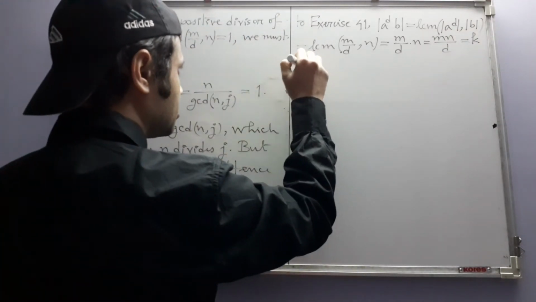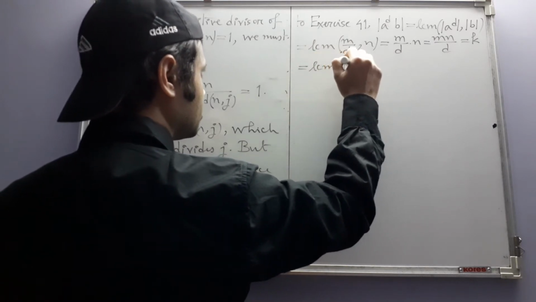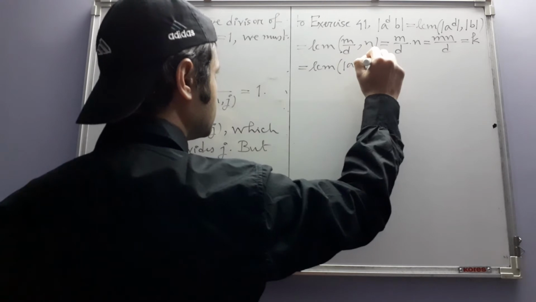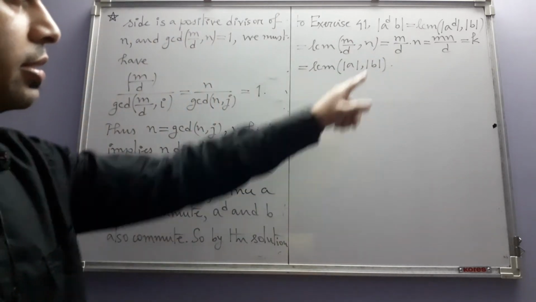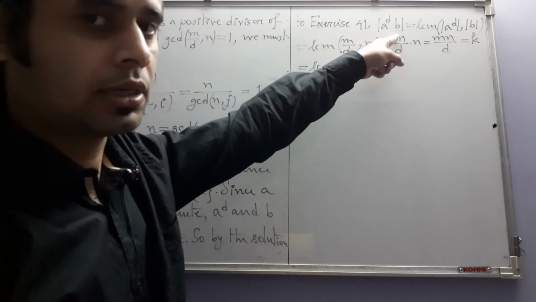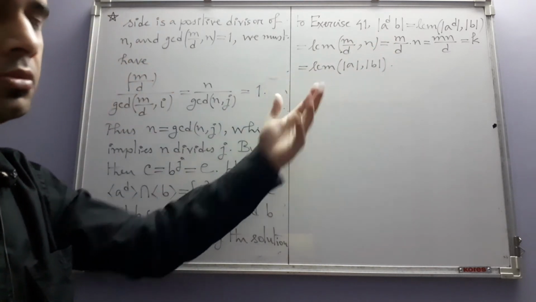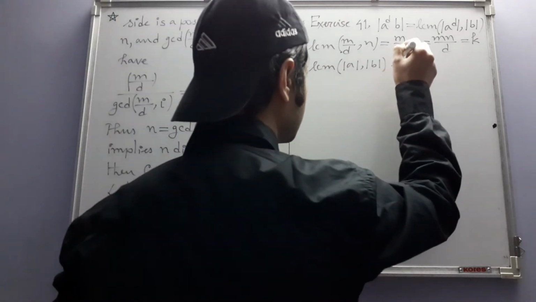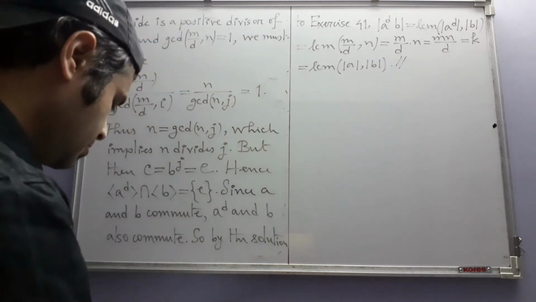And recall what k is. k is the LCM of m and n. So this is an element in our group which has order this. So we have proved its existence. So here the solution ends.